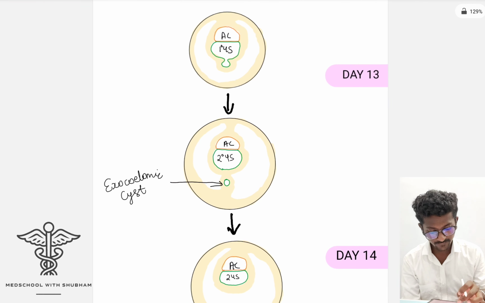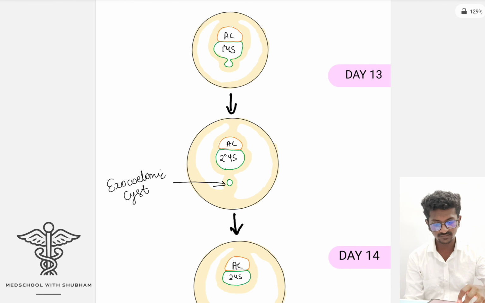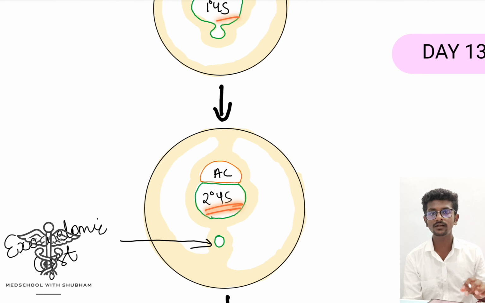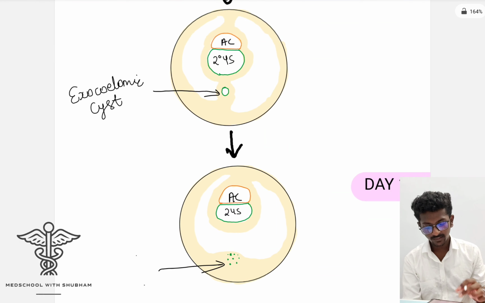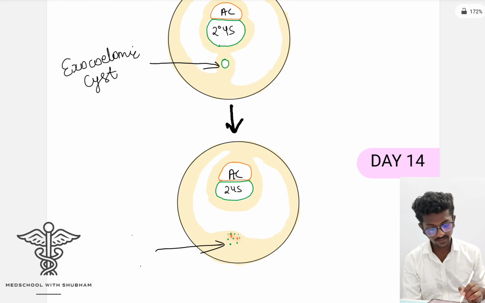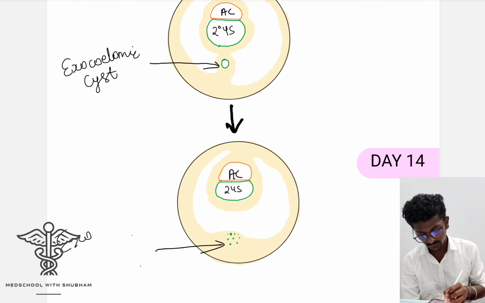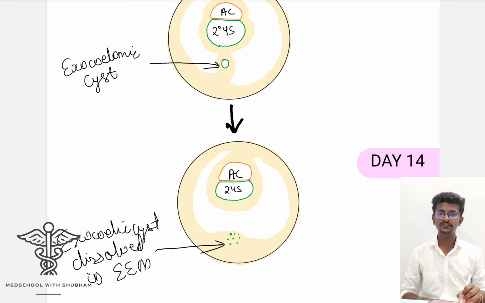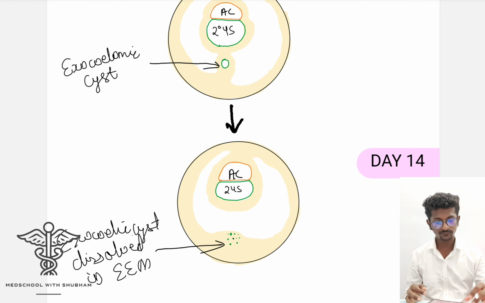And now after this exocoelomic cyst has got separated, the primary yolk sac is now named the secondary yolk sac. Now this exocoelomic cyst will get dissolved in the extraembryonic mesoderm.